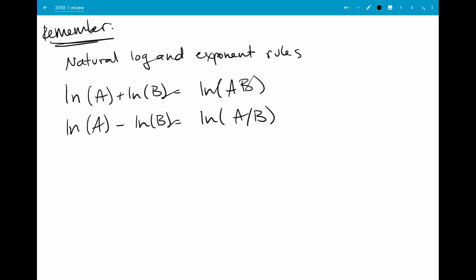And b ln of a is the same as ln of a to the b power. Those are some natural log rules that can sometimes make finding solutions easier.